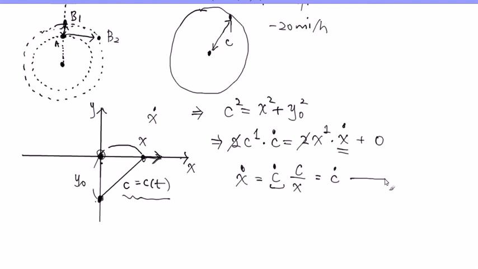What is c, according to the Pythagorean theorem? It is the square root of x squared plus y0 squared. Fair enough? And down there, there's x. Those are quantities. There's no derivative. So I can replace that c with the positive square root of x squared plus y0 squared. Correct?